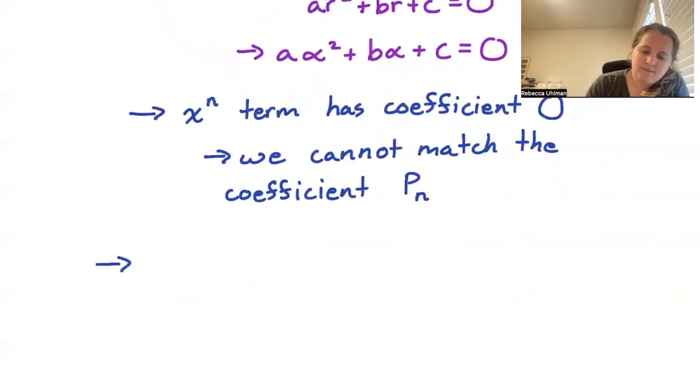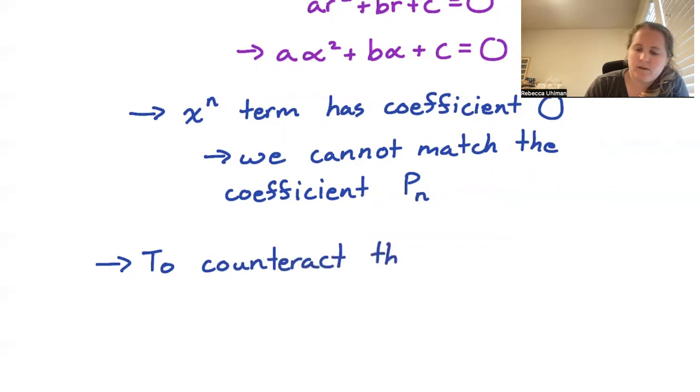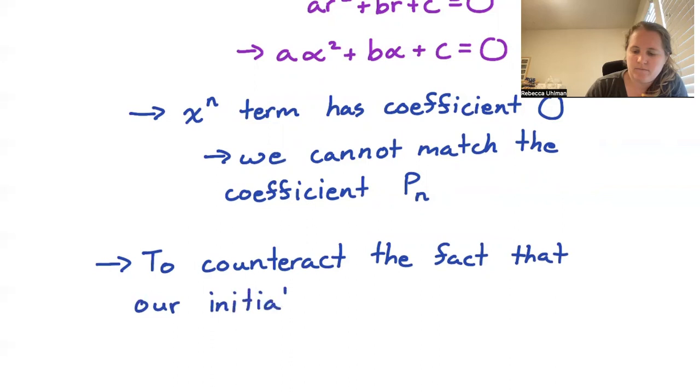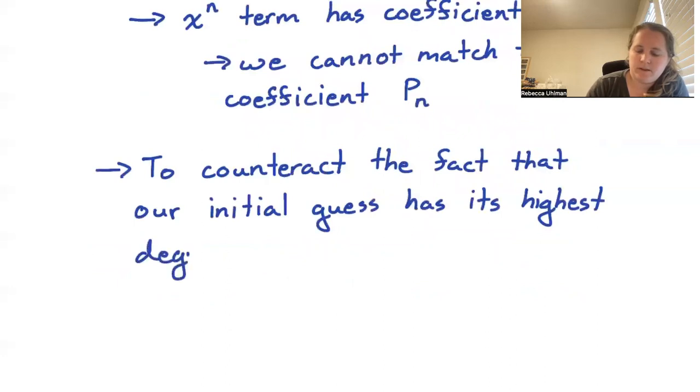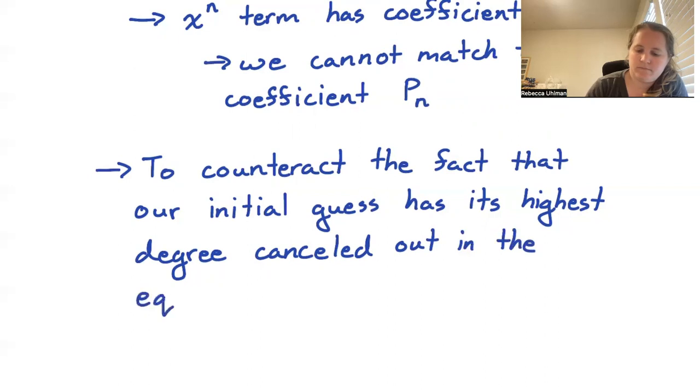So to counteract the fact that our initial guess has its highest degree canceled out in the equation, we multiply our guess by x to raise the degree.